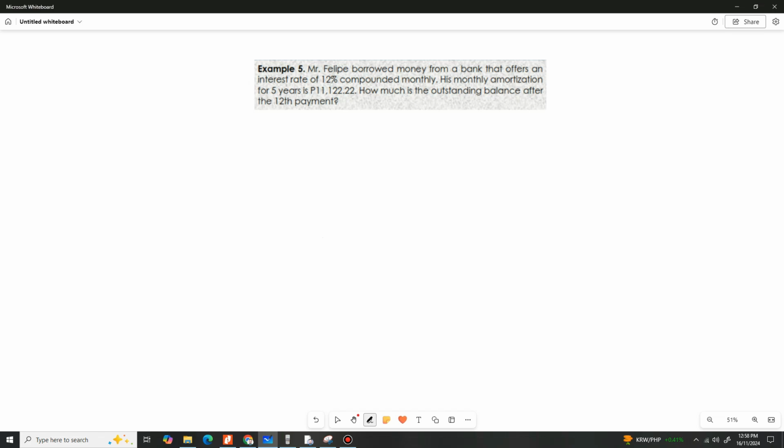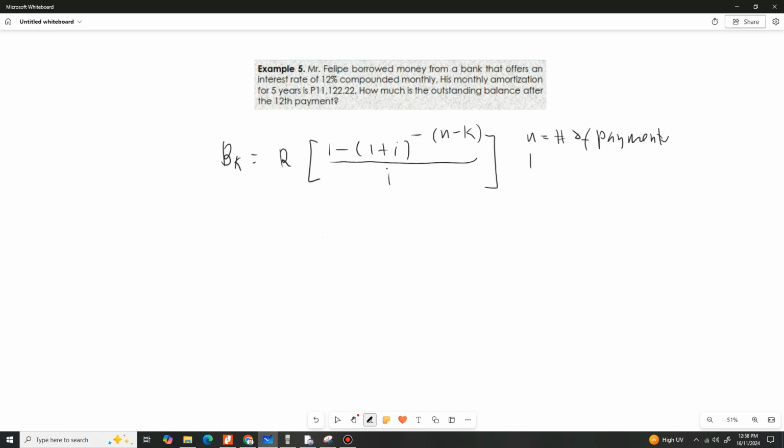The formula for outstanding balance: B sub K is equal to R times 1 minus 1 plus I raised to negative quantity N minus K, all over I, where N is the number of payments and K is the number of payments made.